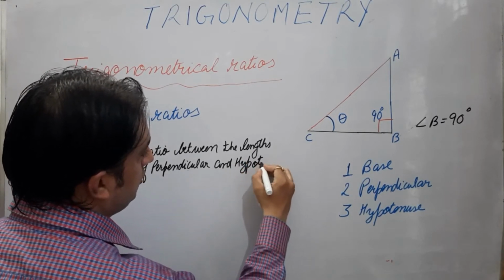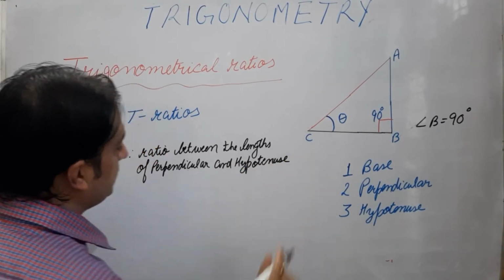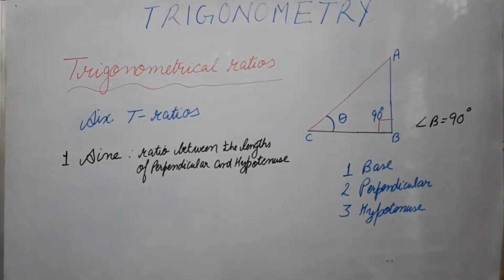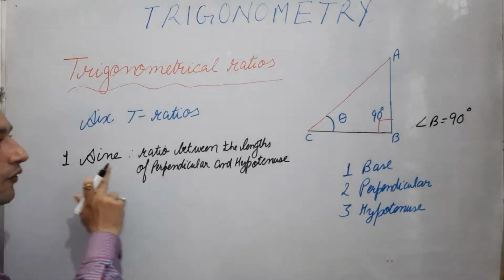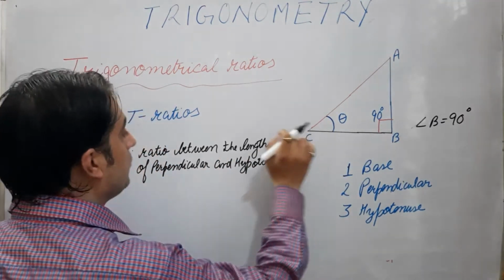So you have to take the two sides, perpendicular and hypotenuse, for the acute angle theta.